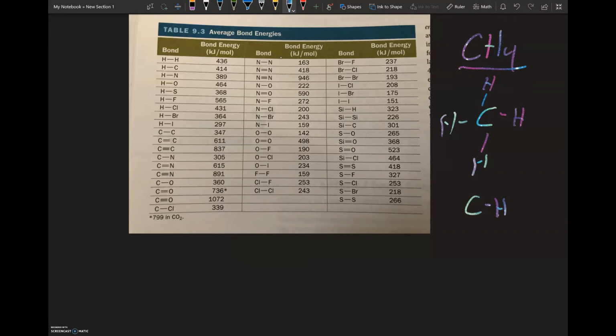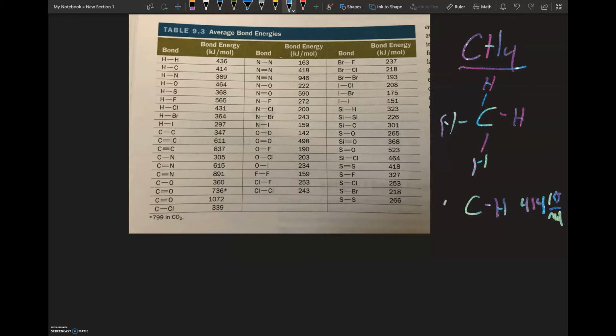that you have present. Now, looking at the table here, we need to find the carbon and hydrogen, and we see that in the top left in the second row. The carbon-hydrogen bond is 414 kilojoules per mole. Now, if we look at this molecule of CH4, there are 4 bonds.